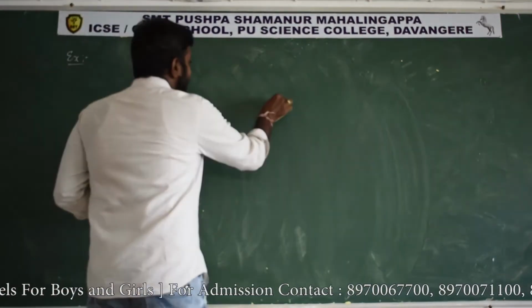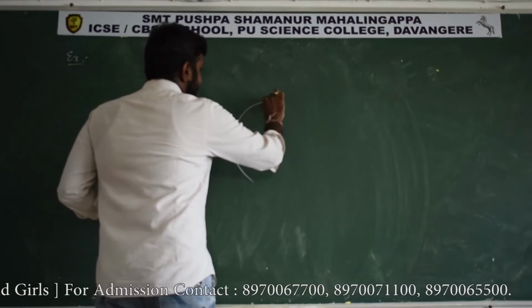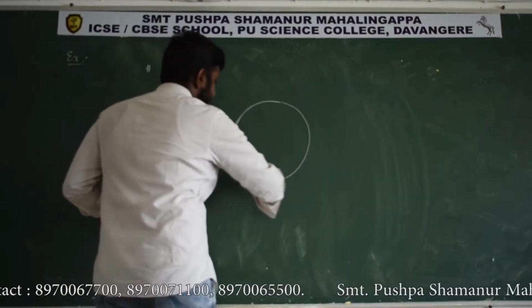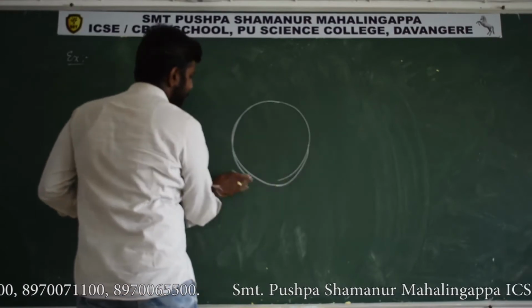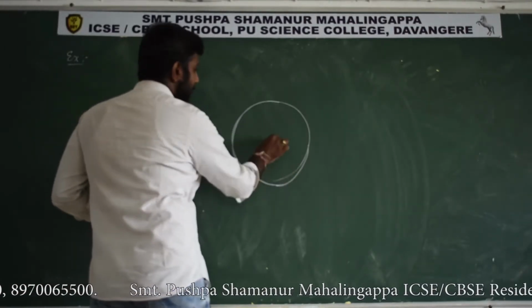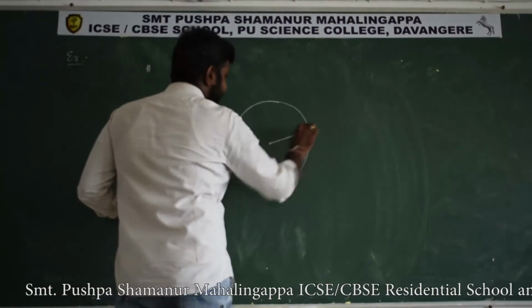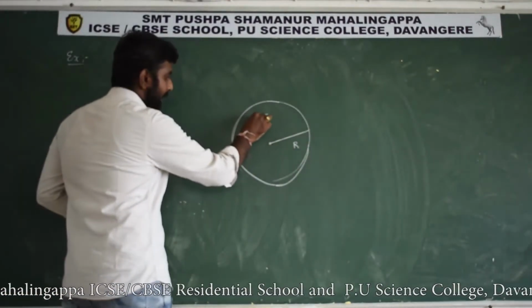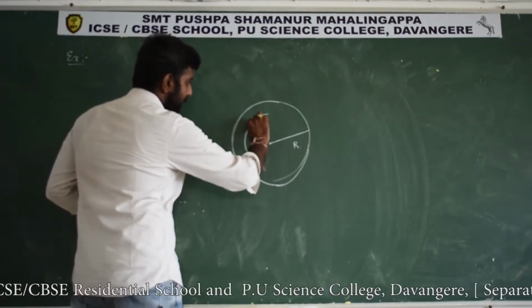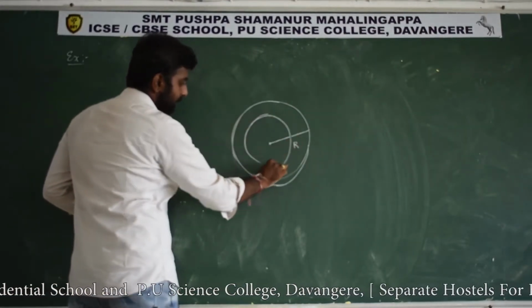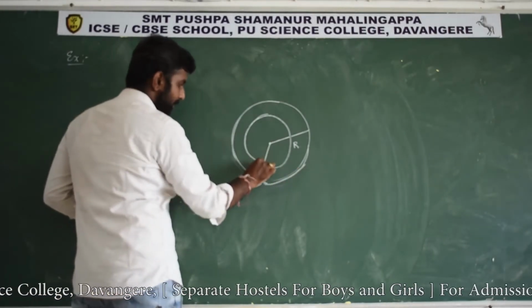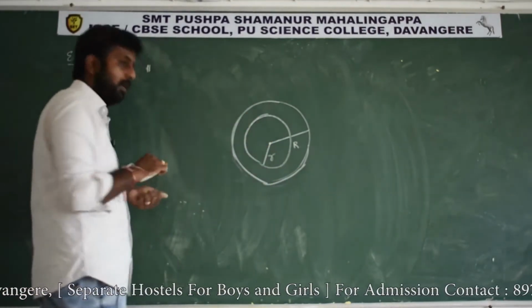In this problem, consider a hollow sphere. Okay, this is a hollow sphere. This is the center. Its outer radius is capital R and its inner radius is given, that inner radius is small r.